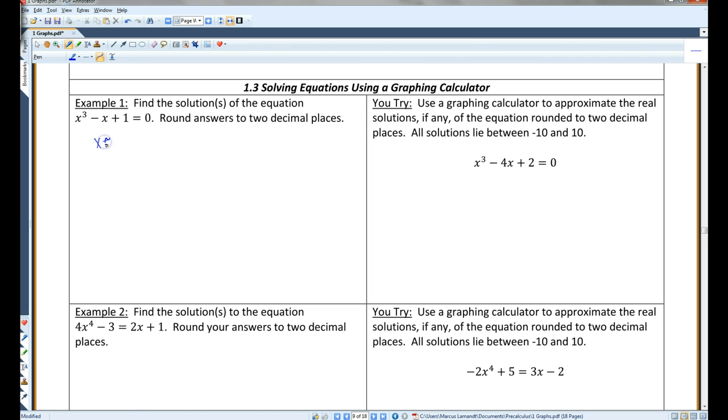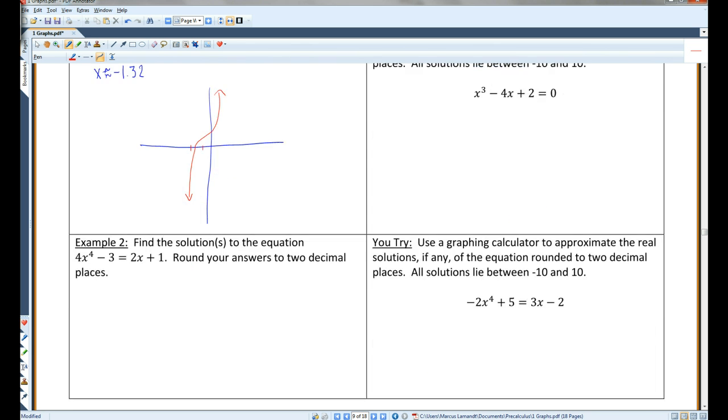It's actually approximately negative 1.32. And I'll just draw a quick sketch of what it looked like. Something like that. Okay? Alright, you guys can try this one.